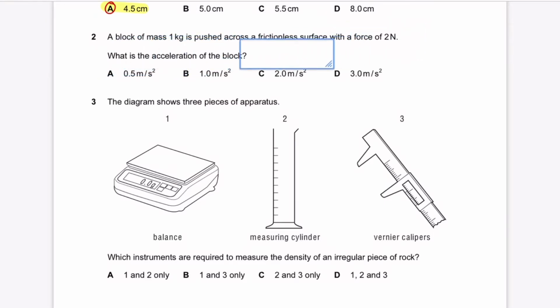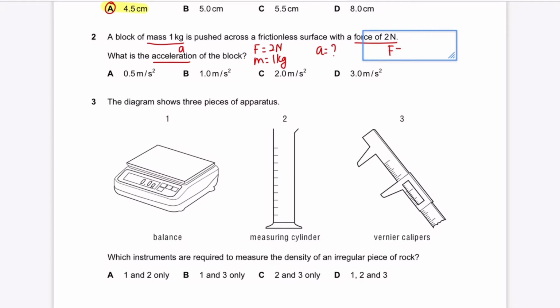Alright, in this question, they have given you the mass, which is 1 kilogram, and the force of 2 Newton. The question asks about acceleration. We don't know acceleration, but we can relate this question to an equation.